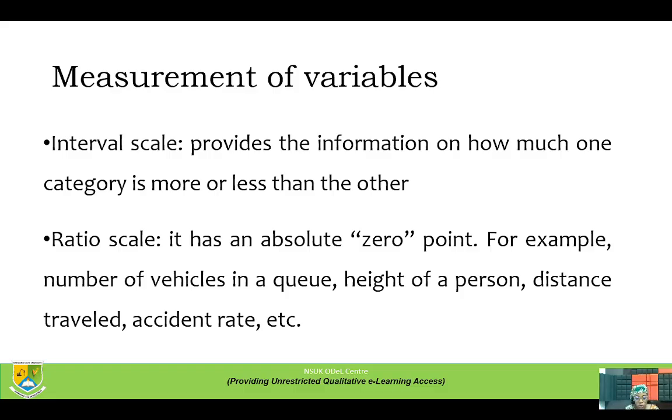We're able to measure the difference between the score of one student and the other by simply subtracting the score of one student from the other, to know by how many marks a particular student scored more than the other.